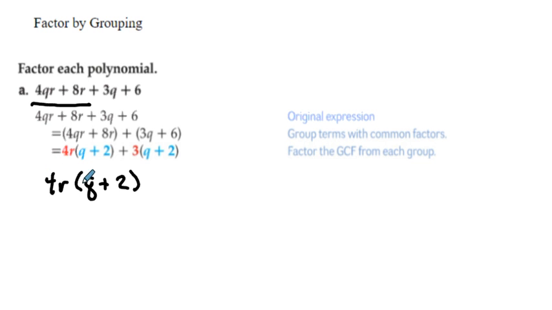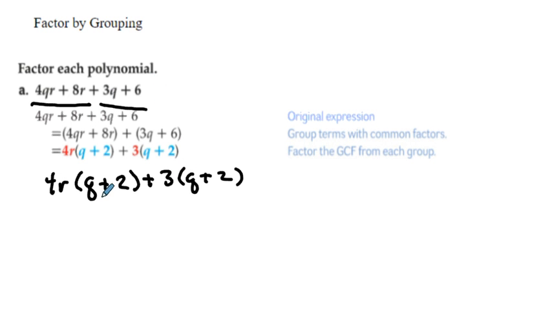Because 4r times q gives you 4qr, and 4r times 2 gives you 8r, right? Then with these last 2 terms, you look at, can I do something where I'm going to wind up with q plus 2? And if you think for a second, you go, oh yeah, because if you pull 3 out, you can get q plus 2, right? 3 times q is 3q. 3 times 2 is 6.